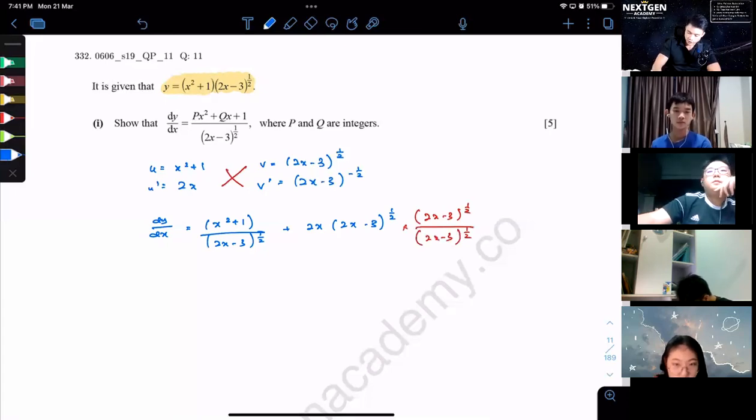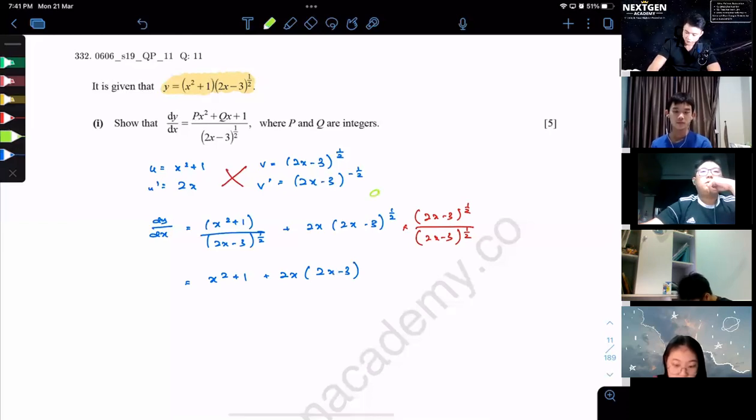So I will get x squared plus 1 plus 2x minus 3, because half times half becomes 1. If you cannot see, just look at it like this: a to the power of half times a to the power of half.